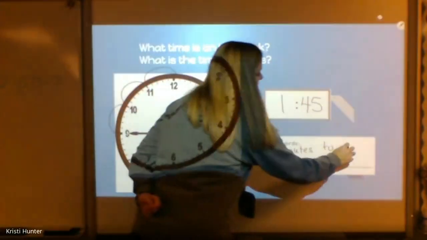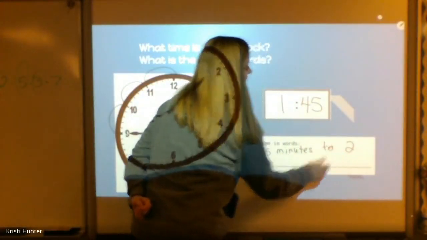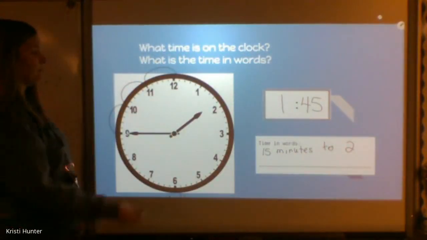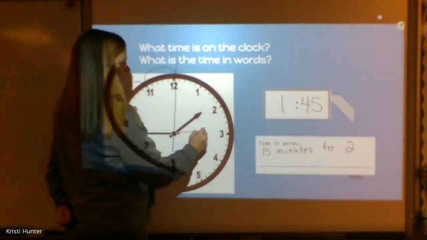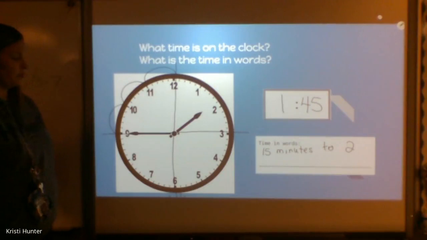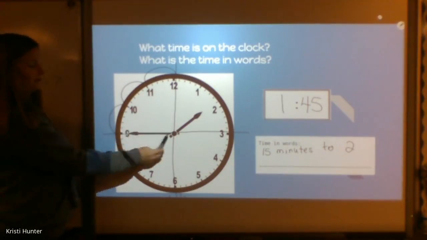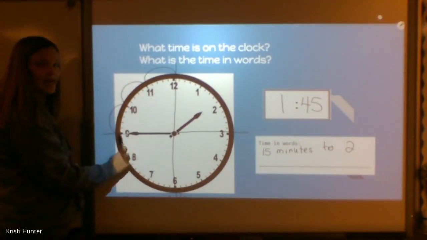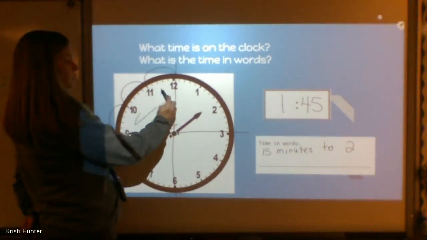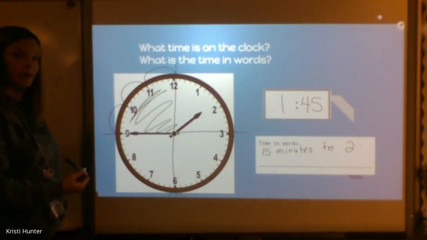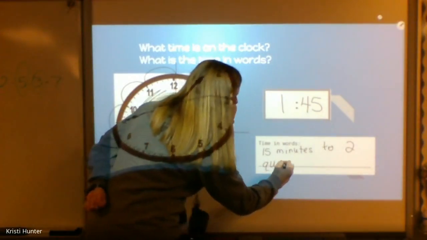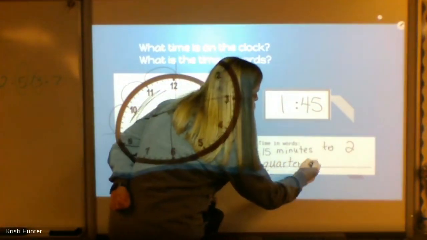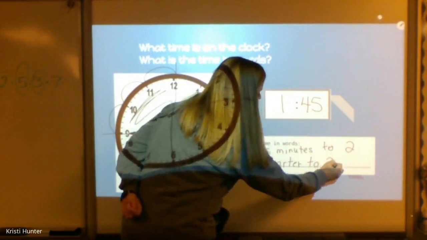So it's 15 minutes to 2. Now, I remember that this is one of my quarter hours if I break it into 4 pieces. So remember, if it touches over here at the 9, we've got a quarter left to the next hour. So we're going to call this time quarter to 2.